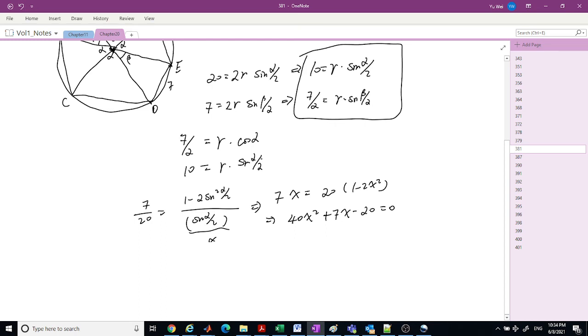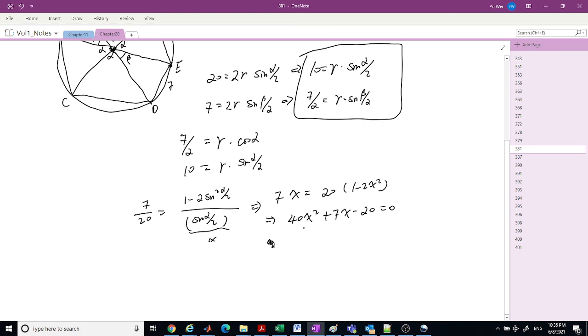Okay, so what is the next step? The next step is to solve this equation, right? Let's divide by 40.